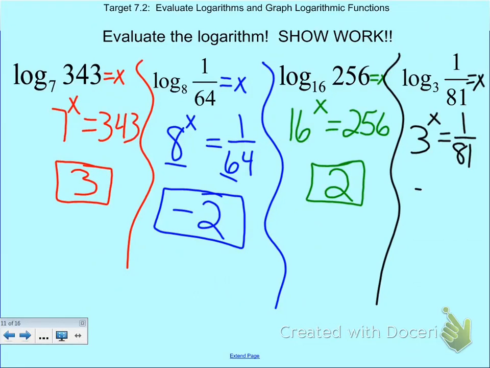It means that our exponent has to be negative because it flipped it. And then 3 to what power is 81? Again, something you should know, but if you don't, try it in your calculator. 3 times 3 times 3 until you get 81. You shouldn't have gone as far as I did. All you need to go is 4 times. So negative 4 is our answer.